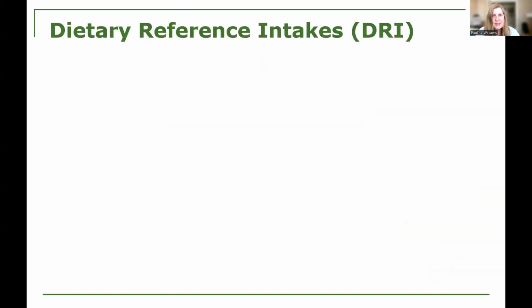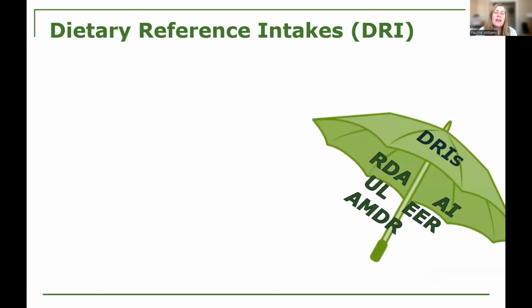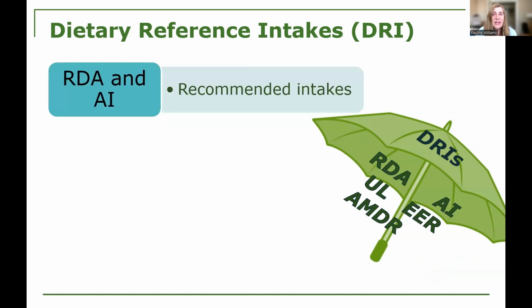Now let's review everything that makes up the DRI, or the Dietary Reference Intakes. First, the DRI is an umbrella term for different categories of values that describe how much of a nutrient someone should consume. These recommendations apply to healthy persons only, and they are amounts that are needed for health and are safe. Then the categories in our DRIs are our RDA and AIs. These tell us the recommended intake for each day.